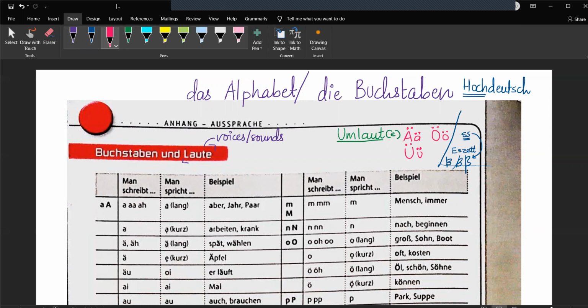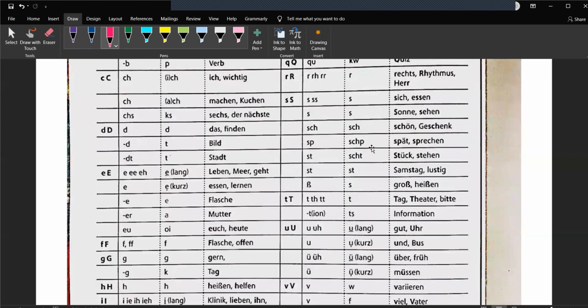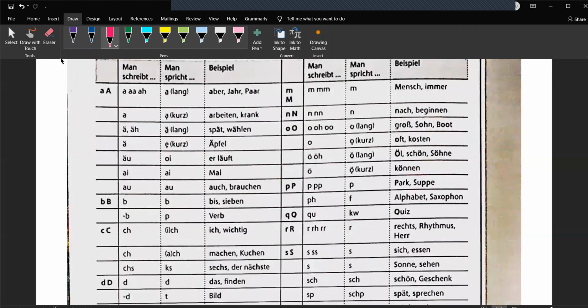In English we have a lot of sounds, but in Hindi as well as in Marathi, we have a fixed range of sounds that we can convey with our script. So what I'll do is, as we learn the alphabet and what they're called, I'll also be writing the sound in Devanagari.